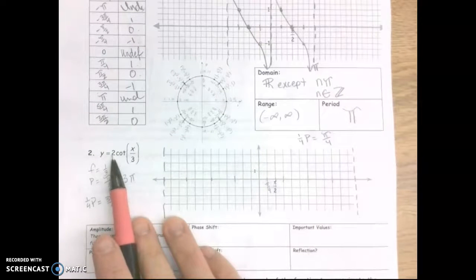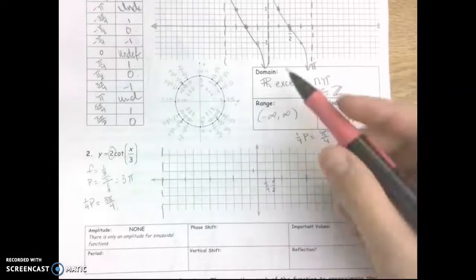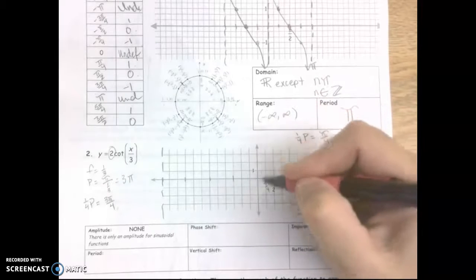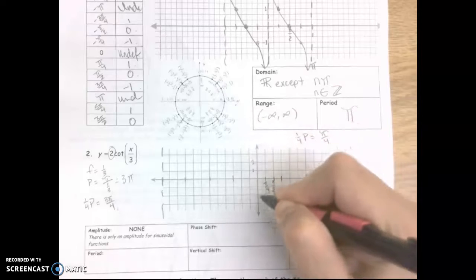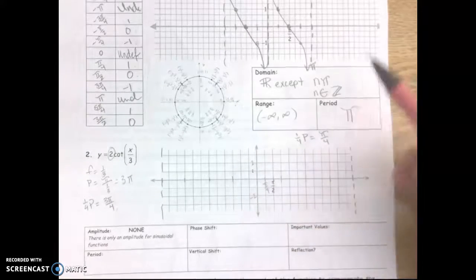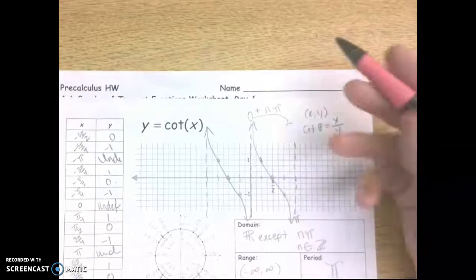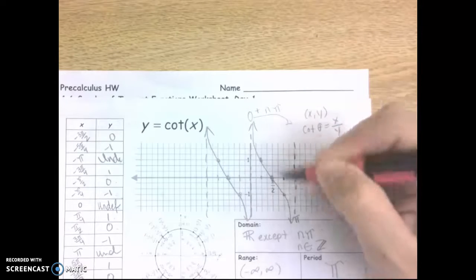All right, now notice this 2 in front. It used to be what was called an amplitude, but it's really just our vertical stretch. So instead of us going up to 1 and down to negative 1, we're going to go up to 2 and down to negative 2. All right, so for cotangent, recall that you have an asymptote, a high, a middle, a low. So here's my asymptote.